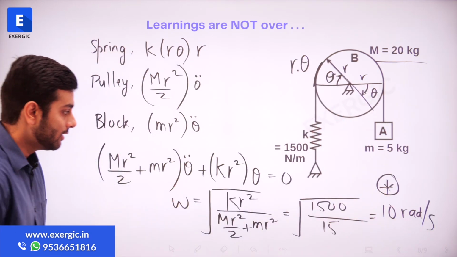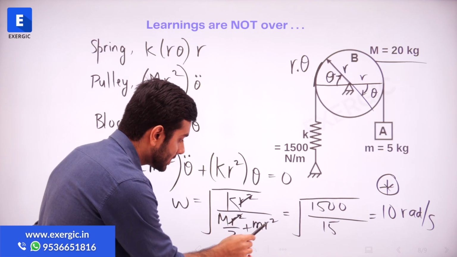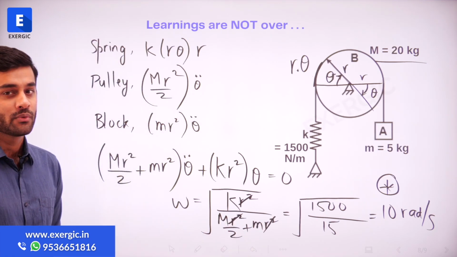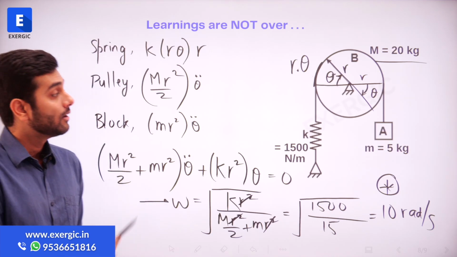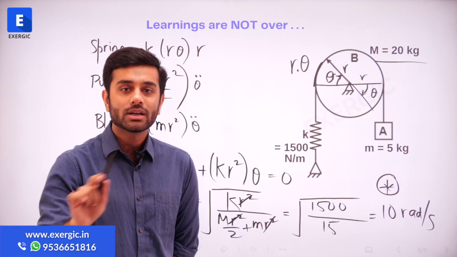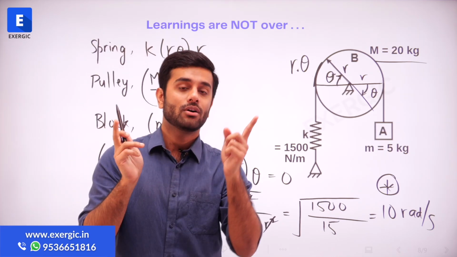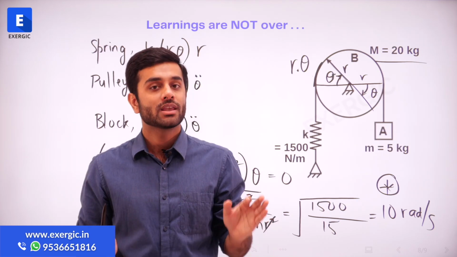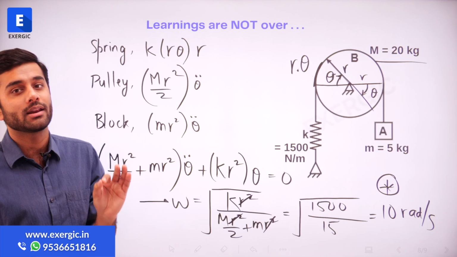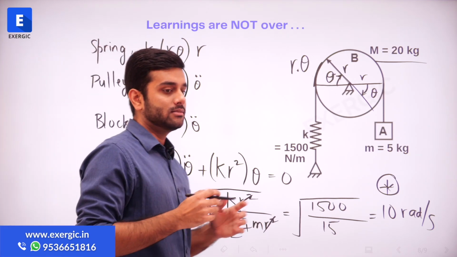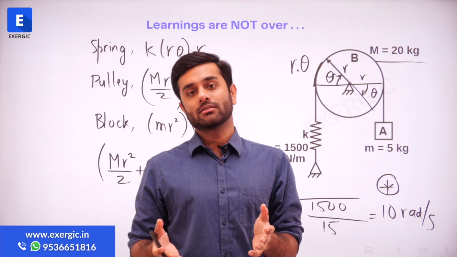If you look here, all the r squares are getting cancelled, which means directly that the angular frequency for the system is not going to depend upon the size or rather radius of the pulley if you keep its weight constant, right or not? And this is an important learning. Please note that these things can be asked like a question to you.